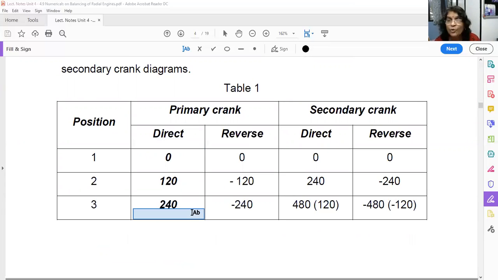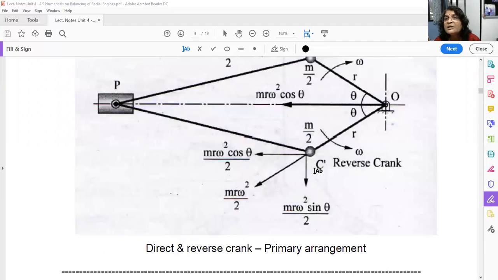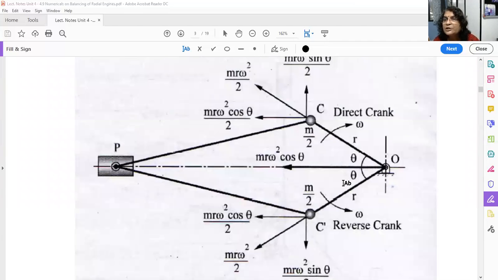Now what is reverse? See again this concept. Go to your diagram. Reverse means it is exactly opposite to theta, that is minus theta. If this is clockwise theta, this is minus clockwise. So m/2 now you have to keep here at the reverse crank pin. That means I have to rotate this unbalanced mass m/2 by minus theta degrees.